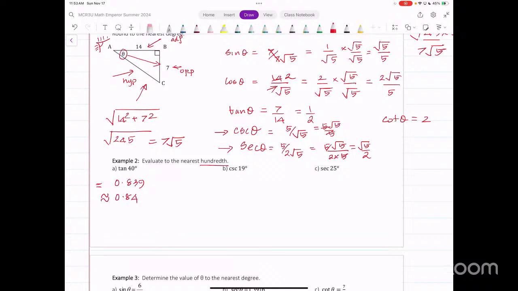Makes sense? But the problem is, does your calculator have a button called cosecant? No. So then we have a problem. How are we going to find it? We know cosecant is 1 over sine 19, isn't it? Because it's the reciprocal of sine. Make sense, sir? Yeah. Can you guys find out what 1 over sine 19 is on your calculator?